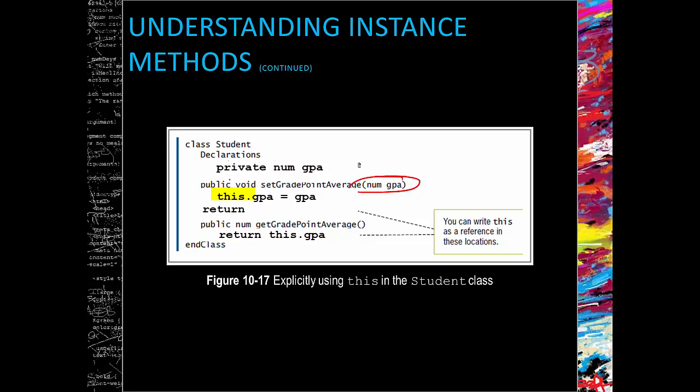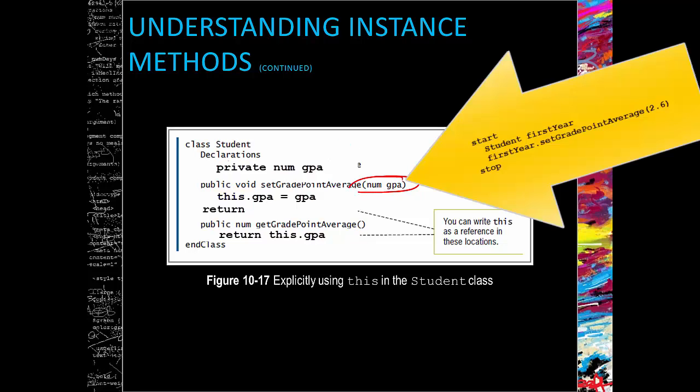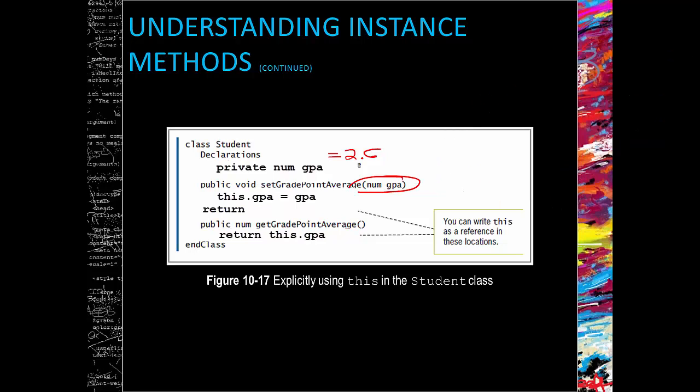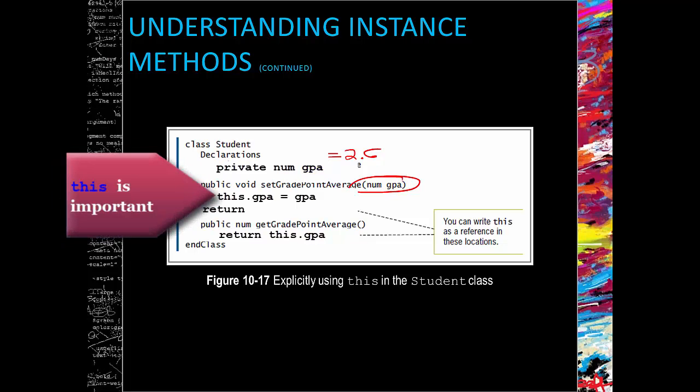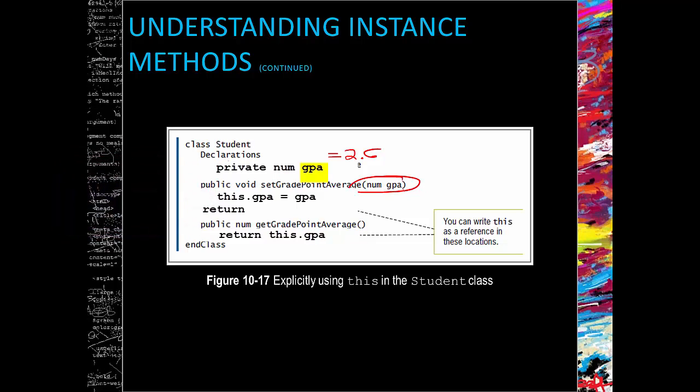This allows you to store whatever comes from the outside world into your field variable, giving it a more explicit reference, and therefore you will have a value in your GPA if you have the this in front of the same variable name. Therefore, anytime a local variable in a method has the same identifier as the field, the field is hidden. You must use the this reference to distinguish the field, which is this one, from the local variable.